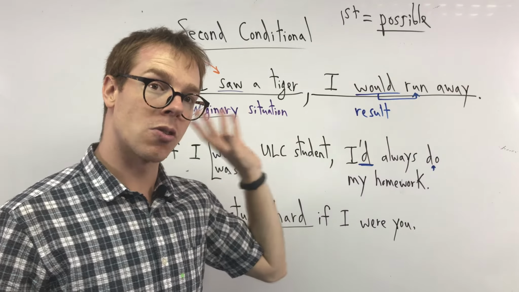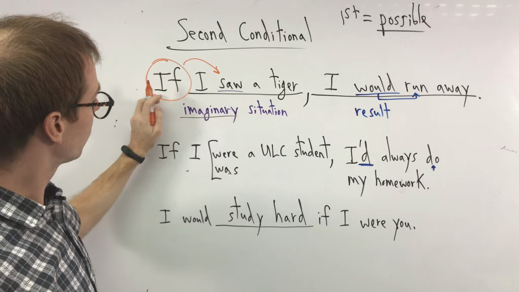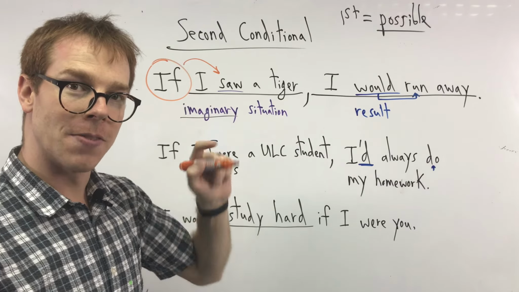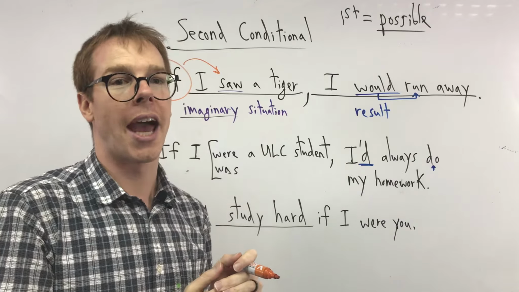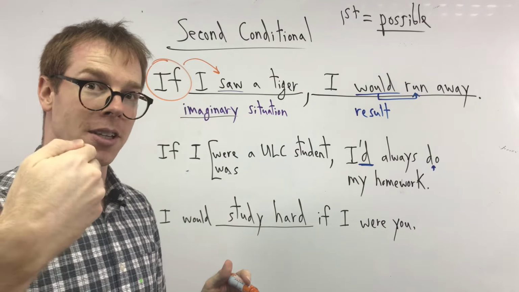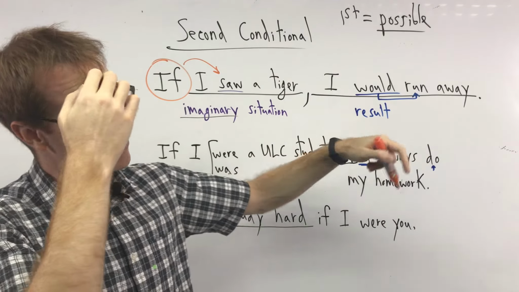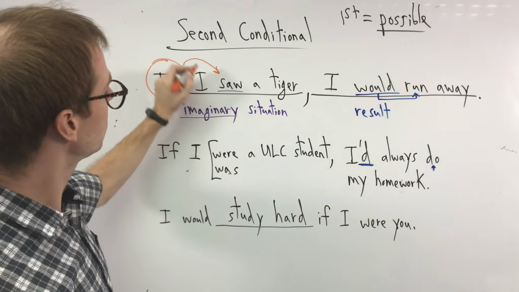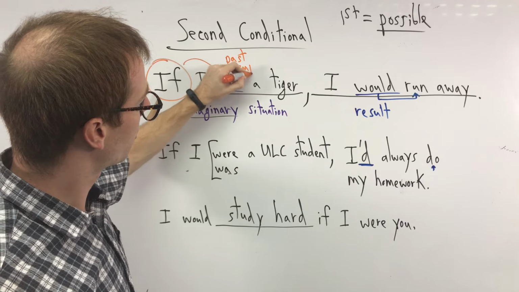Now, if we look at this grammar pattern, we have two pieces. Here, we have if and saw. If you remember from our previous videos, a lot of verbs have three different versions. We have the infinitive, we have the past, and then we also have our past participle, our PP. Today we're going to use our past simple.